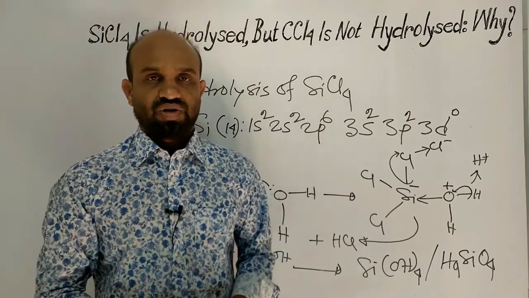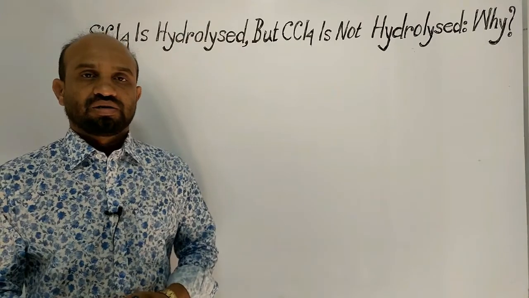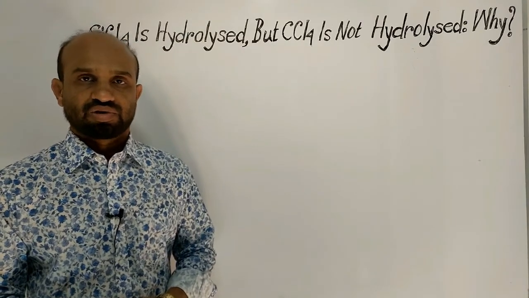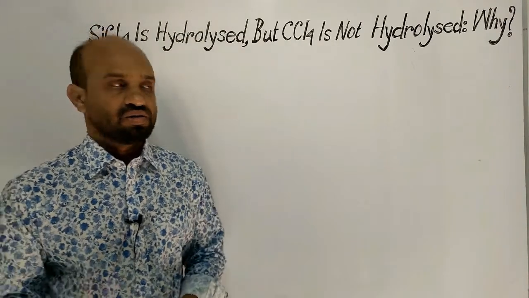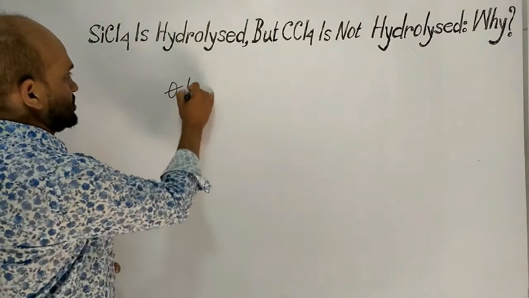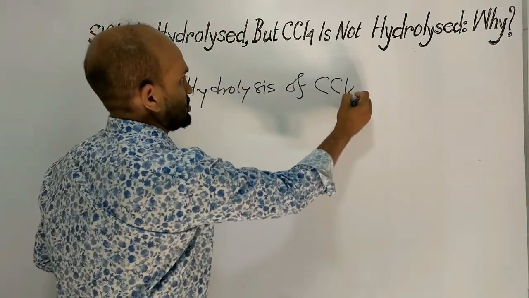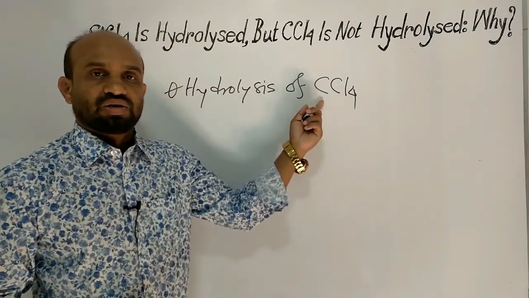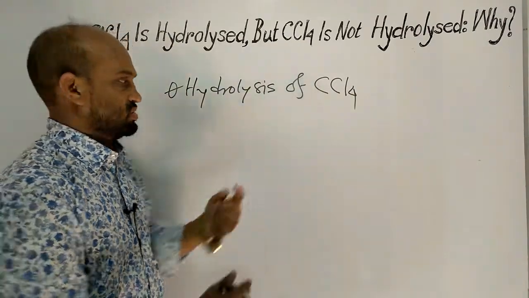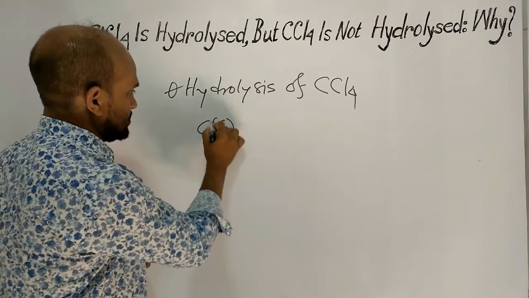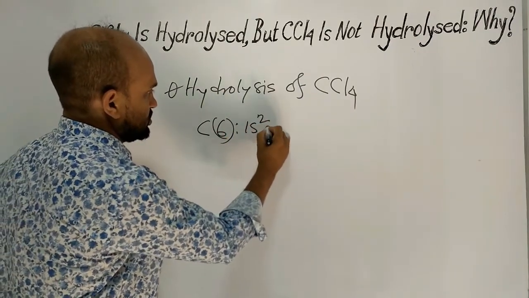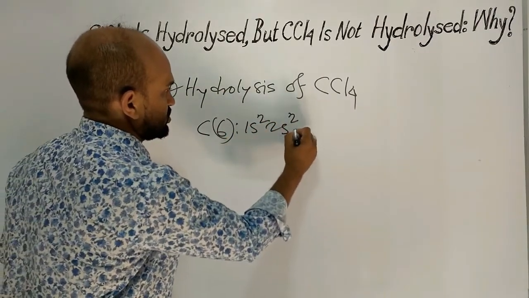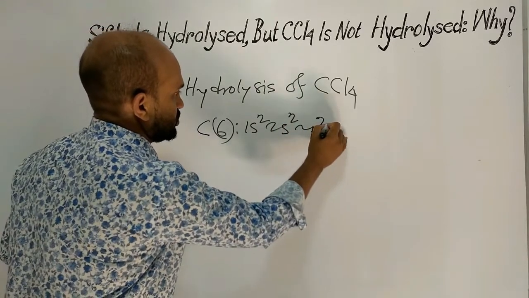Let's move on to the next point. Now the point is hydrolysis of carbon tetrachloride. Let's see. First of all, let's see the electronic configuration of carbon. Carbon 6: 1s2, 2s2, 2p2.